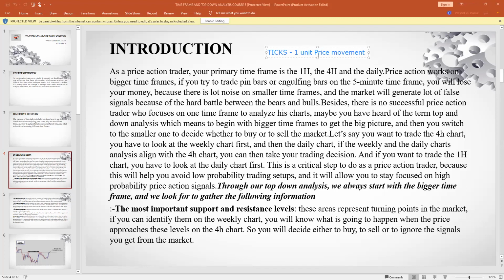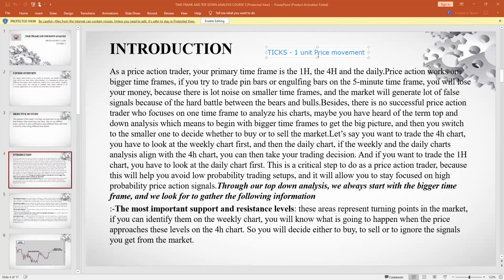When we want to divide it, we can divide those ticks based on time. So our time frames are simply a breakdown of ticks or price movements per time, such that we have a 1 minute time frame, which represents all of the movements of price within 1 minute, within 60 seconds.